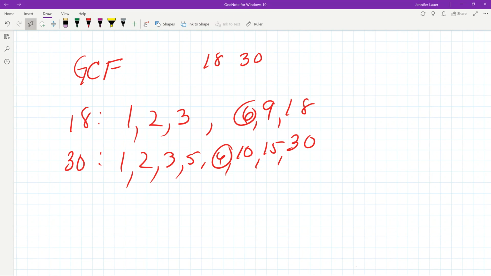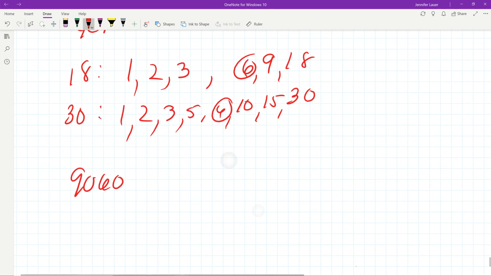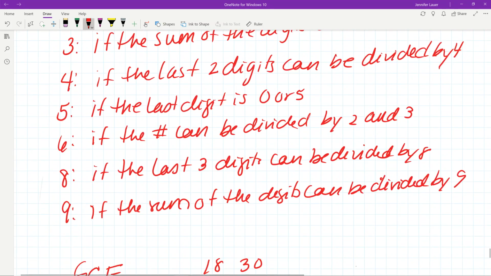And then let's try one more. Which whole numbers from 1 through 10 are divisors of 9,060? So this is going to allow us to use those rules we have. First of all, we know 1 can go into it without a doubt. 1 goes into everything. So we have to decide if 2 can go into it. Our rule says 2 if the last digit's even.